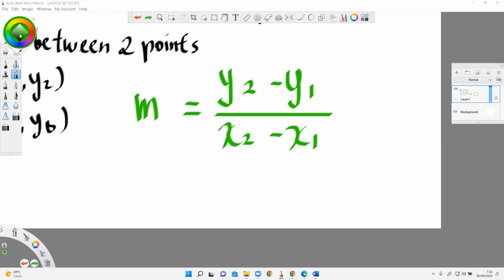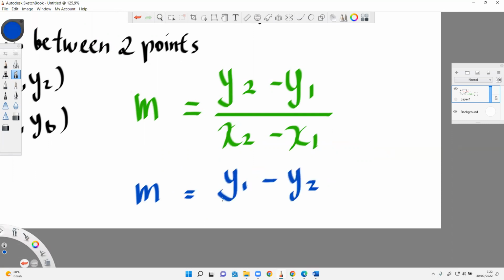You can write another version, y1 minus y2, but make sure the bottom part is x1 minus x2. So it has to be consecutive and parallel: x1 minus x2. Get it, guys? Equal: y1 minus y2 over x1 minus x2, because it asks for a difference.